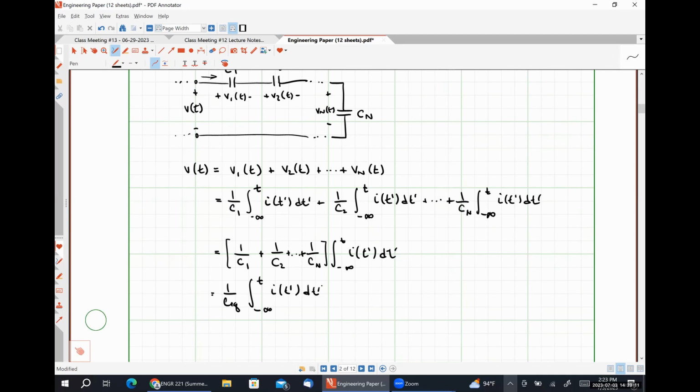So from this, we can actually see that capacitors in series combine like resistors in parallel.